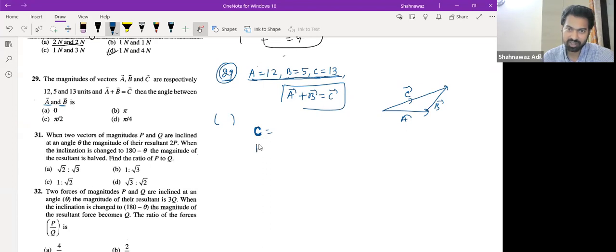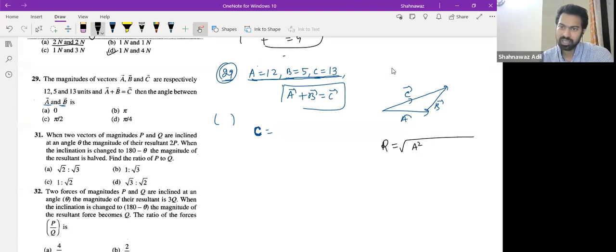If I write C as R, then R is the whole square root of A square plus B square. No. So you tell me what is the magnitude of the resultant? We have two vectors A and B, and what is the magnitude of the resultant? Ax square plus ay square plus az square.